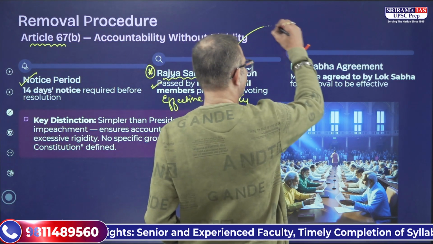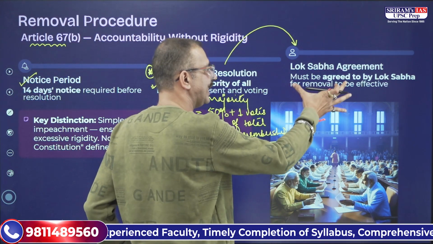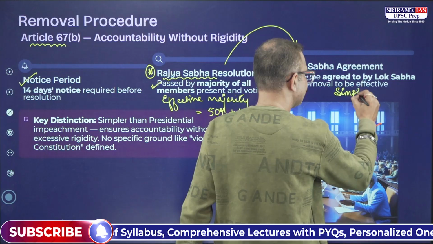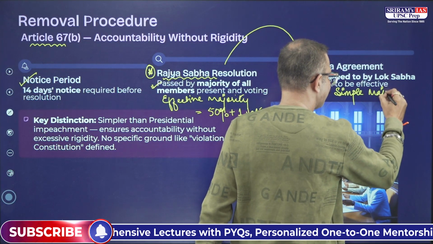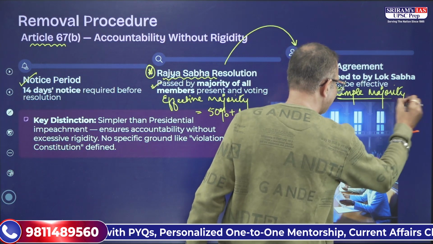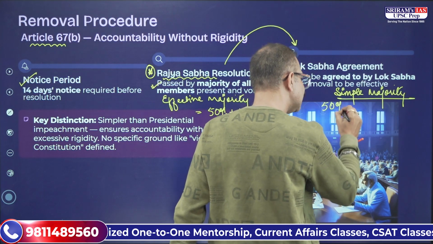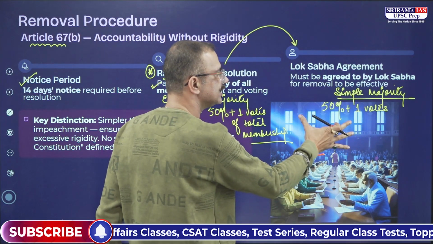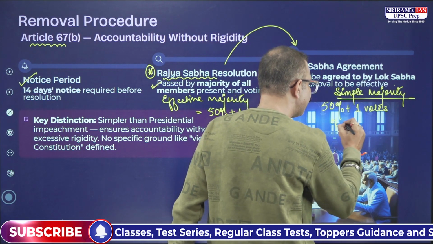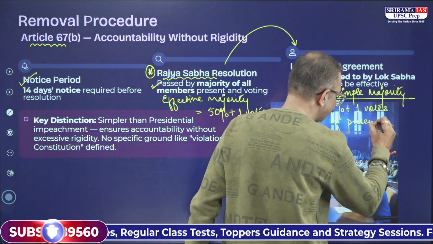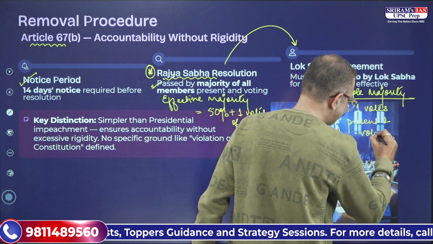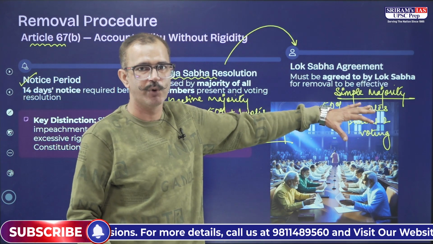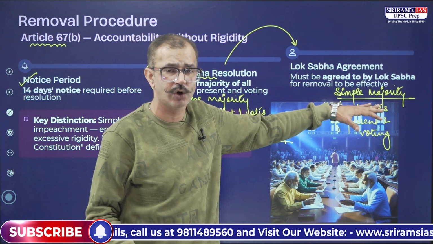And ultimately then it will go to the Lok Sabha. Now in Lok Sabha, it must be agreed to by simple majority. By simple majority we mean 50% plus 1 votes at least, that is, more than 50% of the votes of members present and voting, irrespective of whether that is more than the total membership of the house or not.